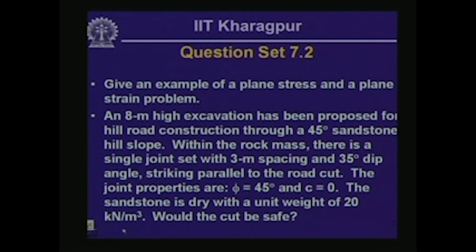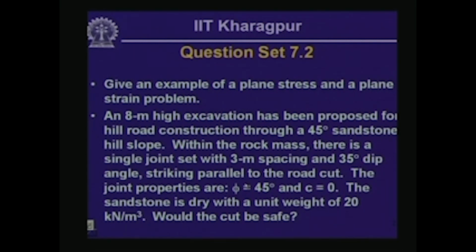Getting back to question number 2. In this case, what I asked is that there is an 8-meter high excavation proposed on a hill slope, a 45-degree sandstone hill slope, and the rock underlying this hillside has got a single joint set which is striking parallel to the road cut, and it has got 3-meter spacing and 35-degree dip angle.